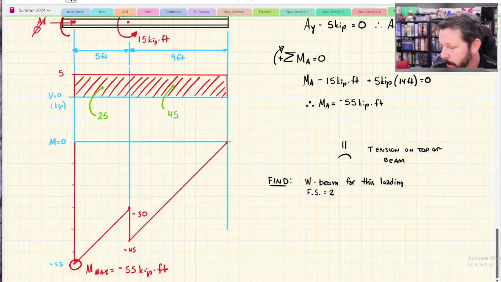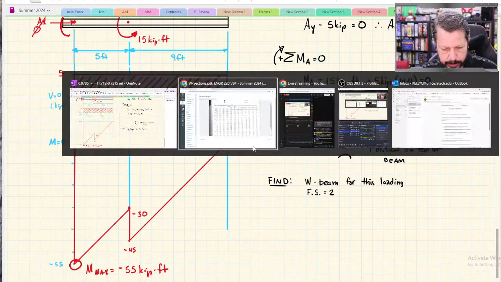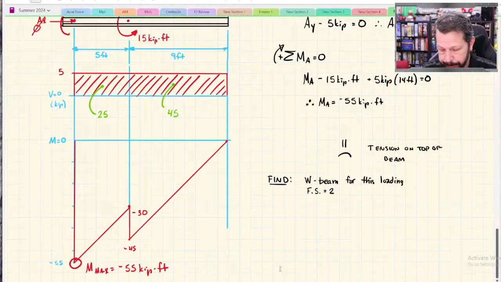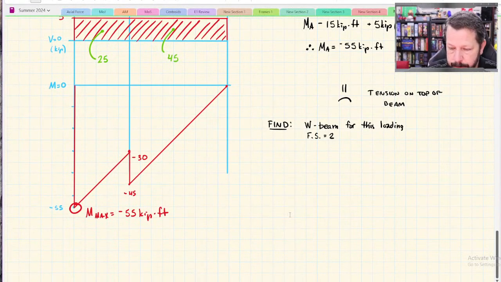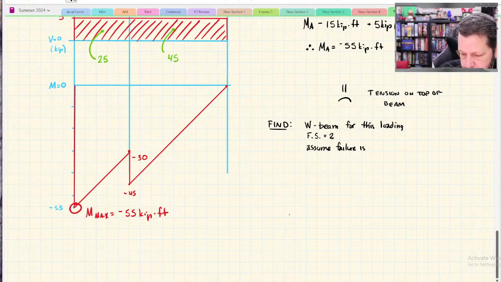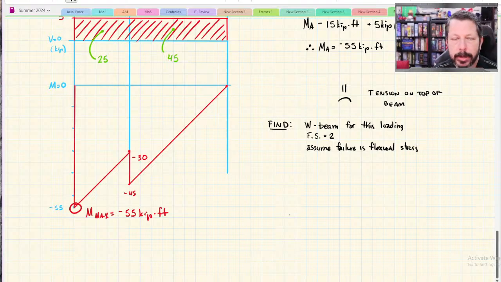Okay, so one thing is these beams here are American Institute of Steel. So these are steel beams. We do have to know that these are steel beams, because that means that we need to use material properties for steel. So we're going to assume that this beam fails by flexural stress, so that we're not worried about it deflecting too far.